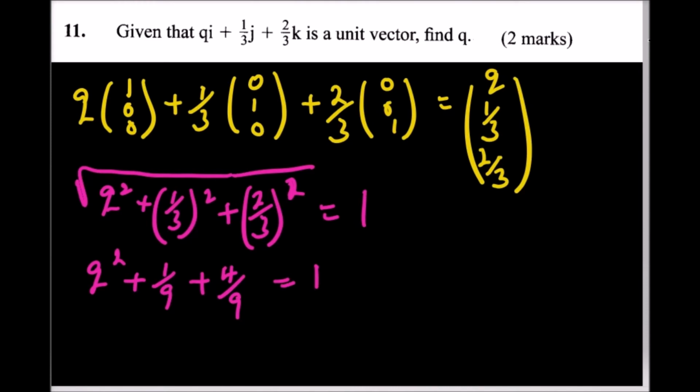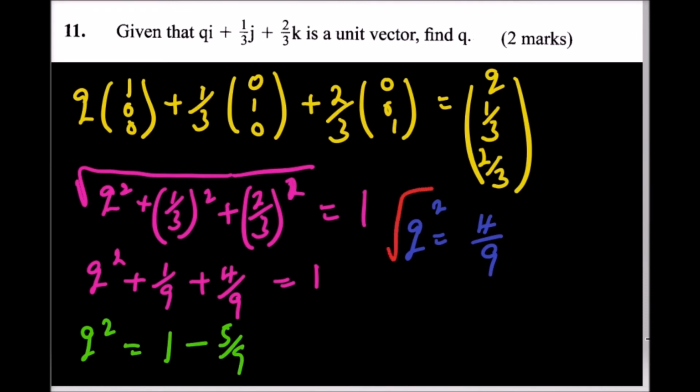So we can take everything to the other side, and we will be able to get q squared is equal to, when you add this, it is 5 over 9. You take it to the other side, it will be 1 minus 5 over 9, implying that q squared is equal to 4 over 9. So get the square root of both sides, and we will be able to get q.